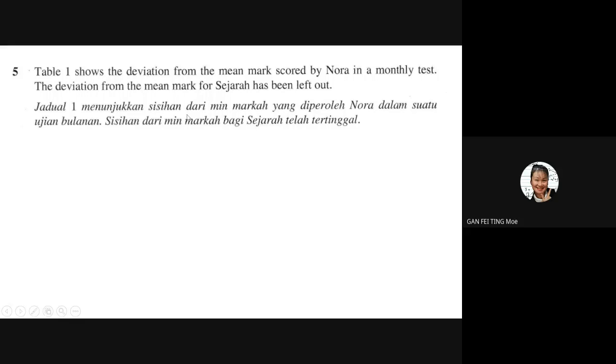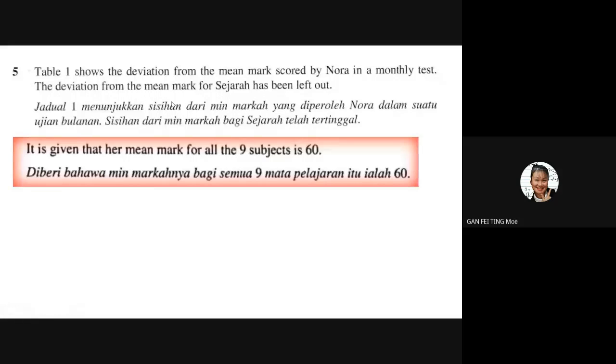The deviation from mean mark for sejarah has been left out. Okay, telah tertinggal. So, ini information, another part of information. Dia beritahu bahawa given that diberi bahawa mean mark bagi 9 mata pelajaran ialah 60. So min mark is 16. Okay. Min mark is 16. Then kita pergi ke seterusnya.